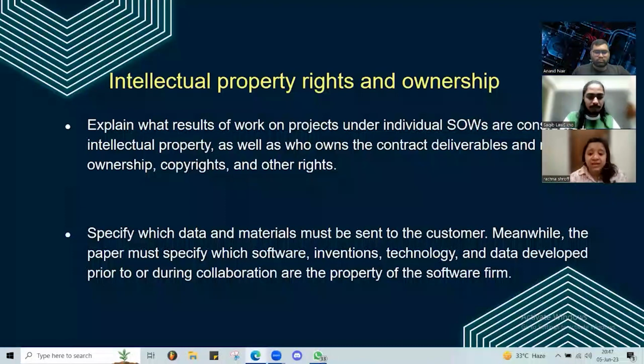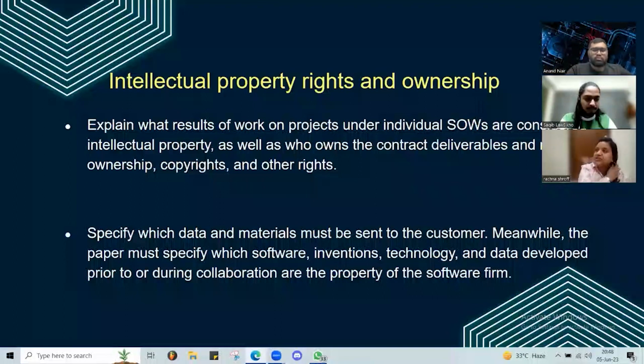Specify which data and material must be sent to the customer. Meanwhile, the paper must specify which software, invention, technology, data developed prior or during collaboration are the property of the software firm. So of course, whoever is developing that for you, the software, the invention, the technology, whatever is developed in that, is that going to be owned by the person who has made it for you, or is it going to be the person for whom you delivered the project?